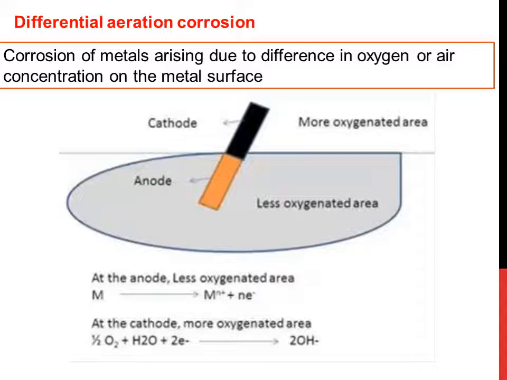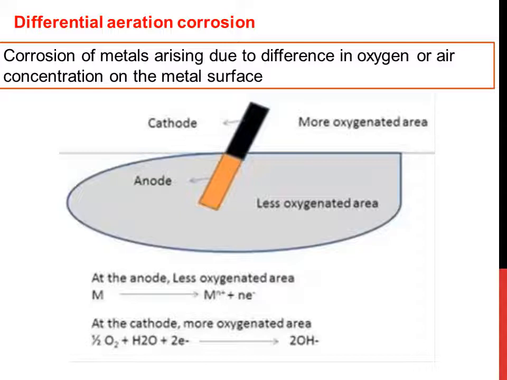The corrosion caused due to the formation of such an oxygen concentration cell is known as differential aeration corrosion. Very simply, it is due to the uneven distribution of air or oxygen supply.